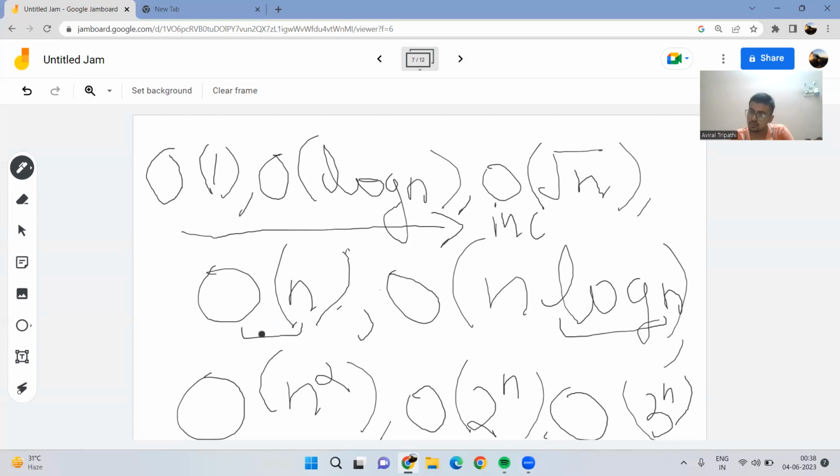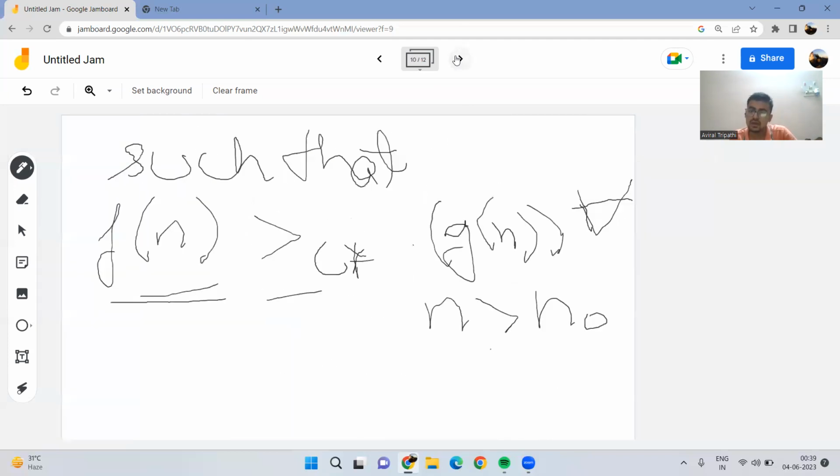You can take omega n as well as the values below in the priority order, like omega root n, omega log n, omega 1, but you can't take omega n log n when the function g(n) is n. Remember, when the function g(n) is n.